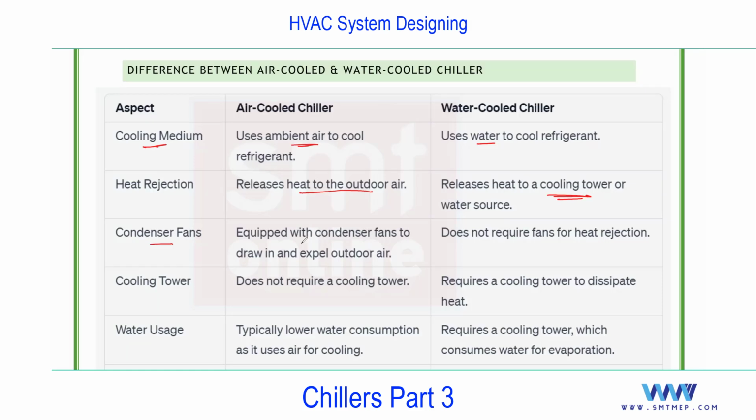Next, the condenser fan you will find in air cooled, not in water cooled. Cooling tower is not applicable for air cooled, it is applicable for water cooled. Water usage is typically low, because in an air cooled chiller we need to fill the circuit one time.